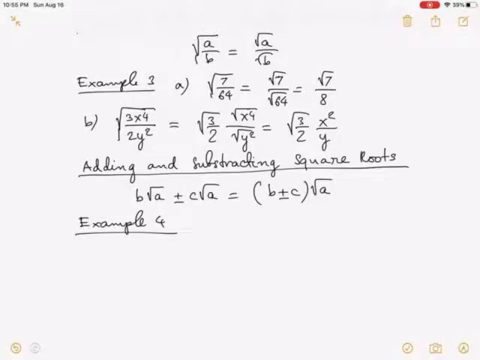Example 4. The square root of 12 plus 3 square root of 3. So the square root of 12, we can write as the square root of 4 times 3.